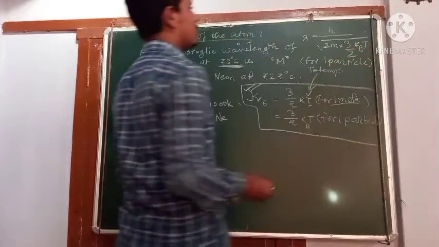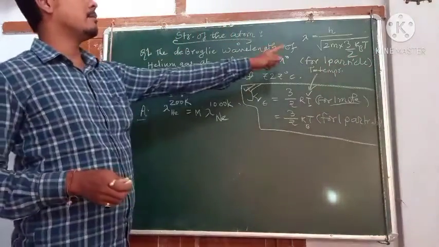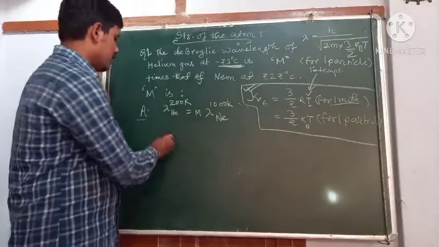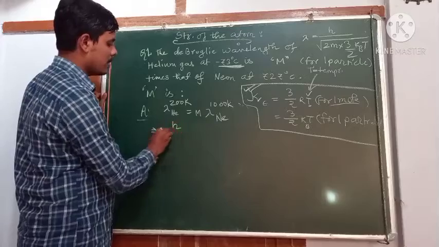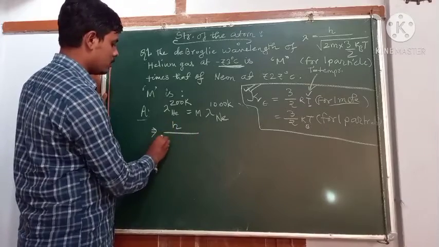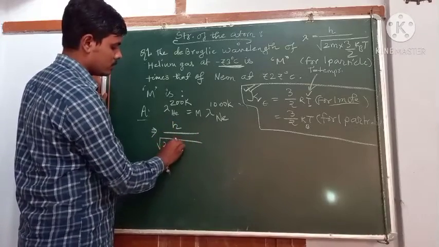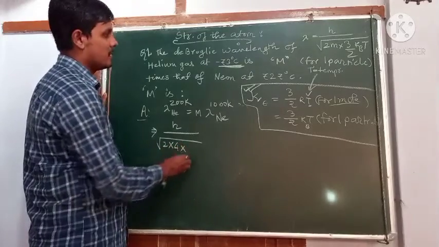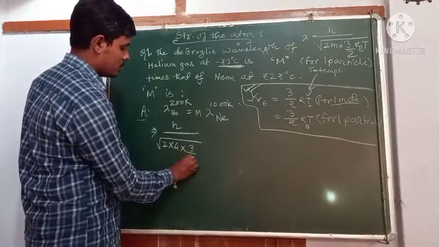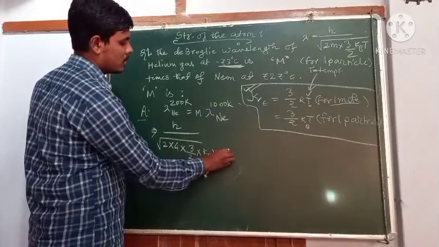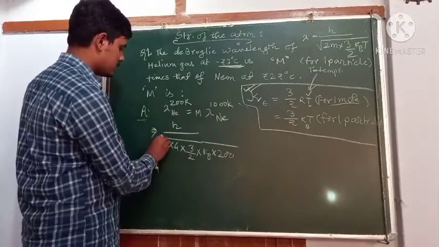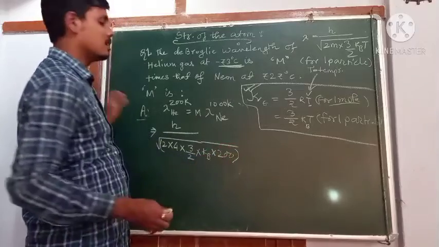For helium the temperature is 200 Kelvin and the mass is 4, so h by root over 2 into 4 into 3 by 2 into kB into 200, everything under the root.